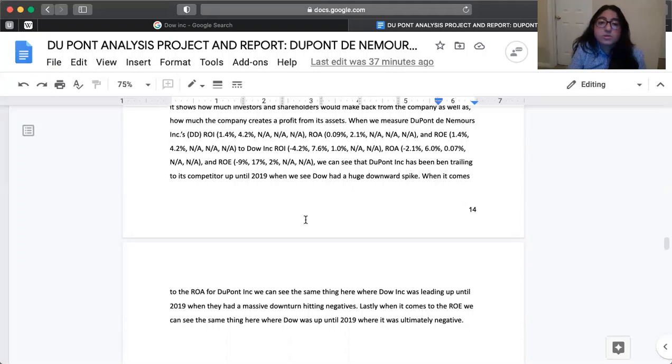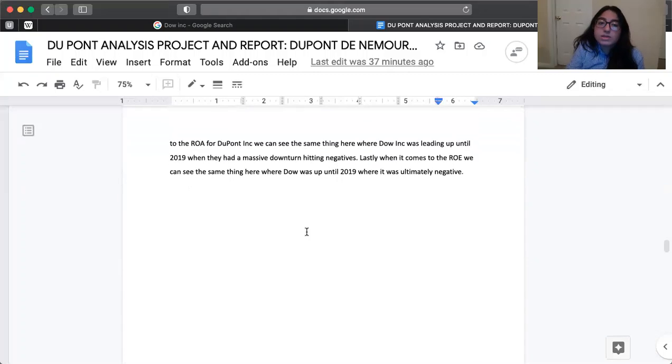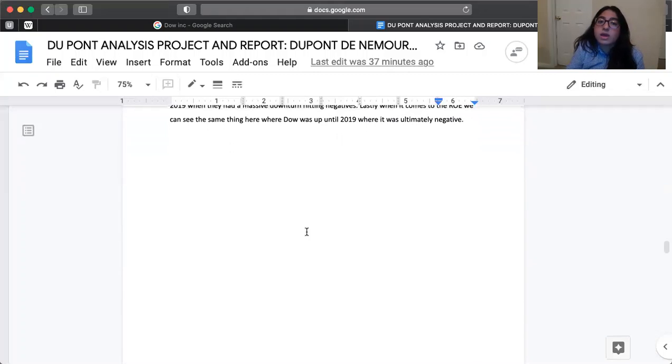When it comes to the ROA, we see the same thing, where Dow was leading up until 2019 when they had a massive downturn hitting the negatives. Lastly, for the ROE, we see the same thing, where Dow was ahead until 2019, where it ultimately hit the negatives.